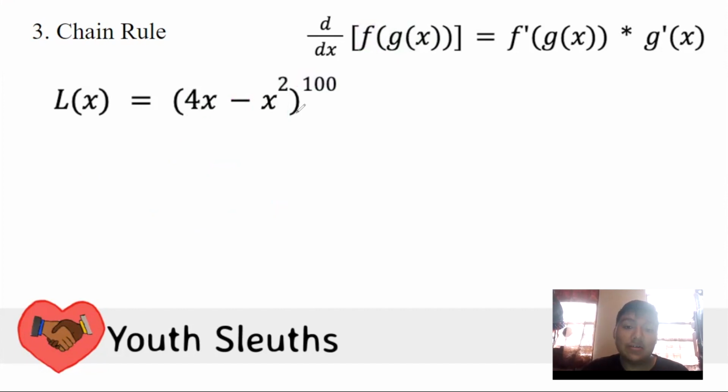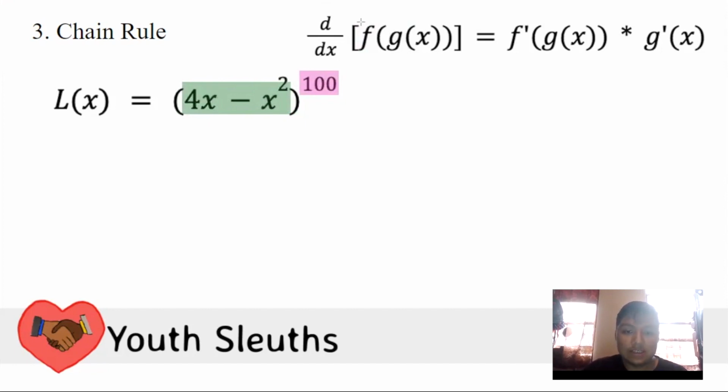So on this slide, we have a different example where we have two functions again. Now, before you try it on your own, we'll first together identify which is the innermost function. So if you take a look, we can see that the innermost would be 4x minus x squared, and outermost would be the function to the power of 100.